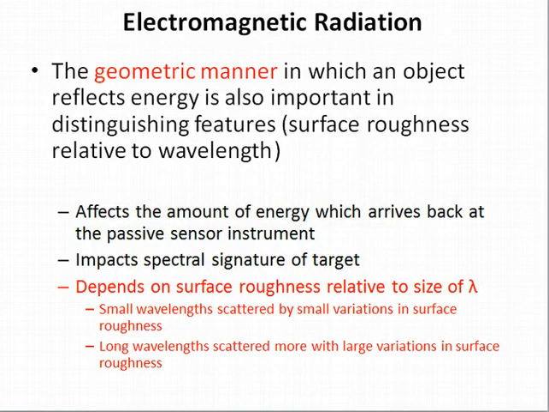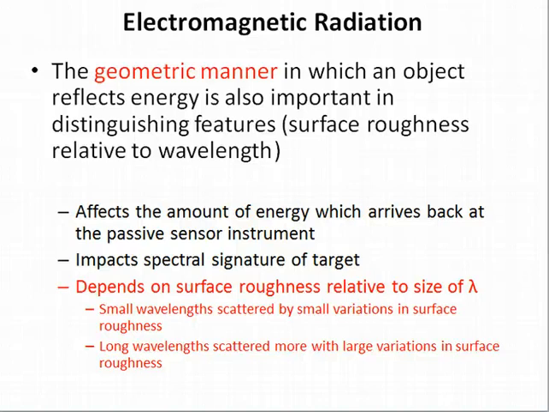But it's not just the physical and chemical characteristics of the surface material that determine how energy is reflected back to the sensor. We talked briefly how also the texture of the surface can impact the reflectance that's received at the sensor. So really it's this sort of geometric structure of the surface that can affect how much light arrives back at the sensor.